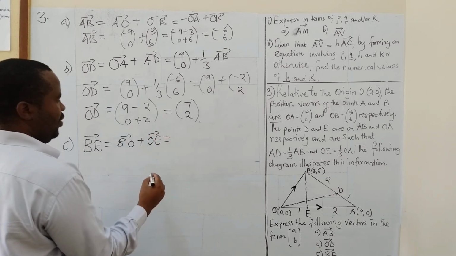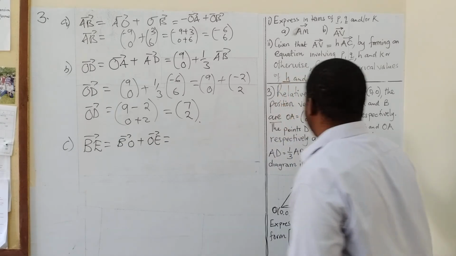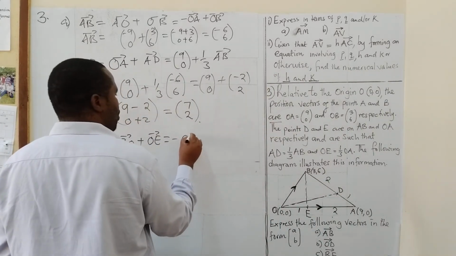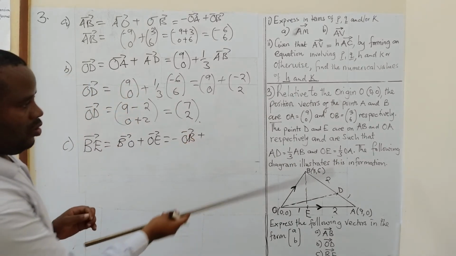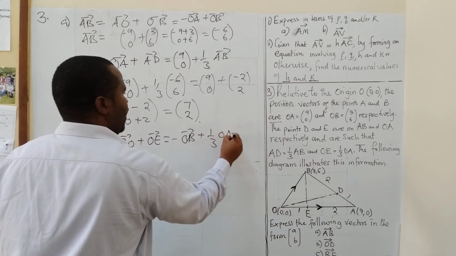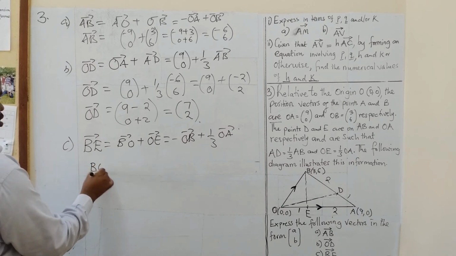What is our BO? BO is the negative of OB. So this is the negative of OB plus. What is OE? We've been told that OE is 1 over 3 of OA.